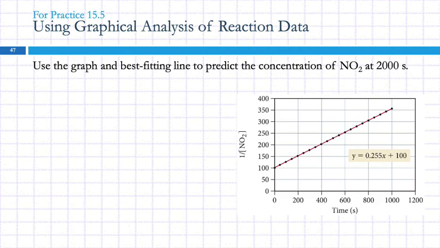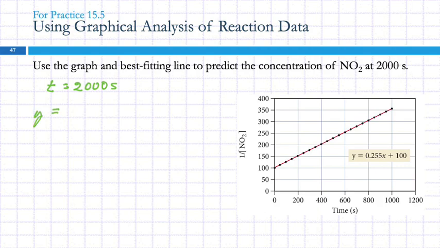Okay, so now let's use the graph and the best fit line to predict the concentration of NO2 at 2,000 seconds. When we've got the equation for the line here, this is actually a fairly simple process, right? Because the time here is 2,000 seconds, and that's the x variable.